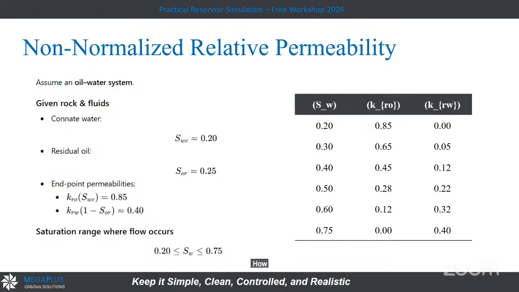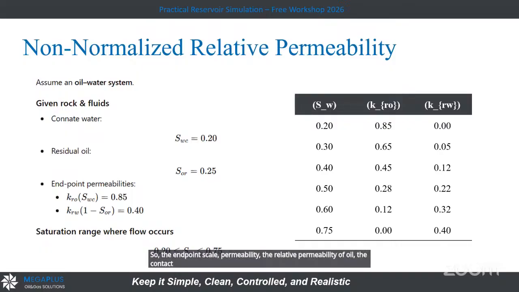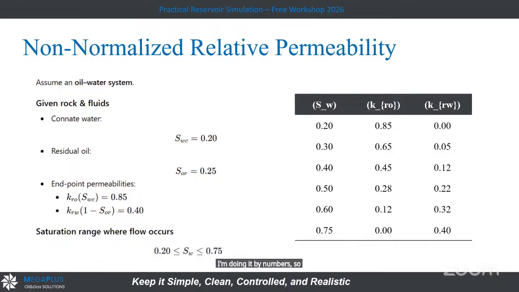By this simple equation. If I have here, as an example, a connate water saturation of 20% and a residual oil saturation of 0.25%, the end point scale relative permeability of oil at the connate water saturation will be 85. I'm doing it with numbers so you can understand. And the same thing for the relative permeability of water at the residual oil. So I have these normal relative permeability curves.